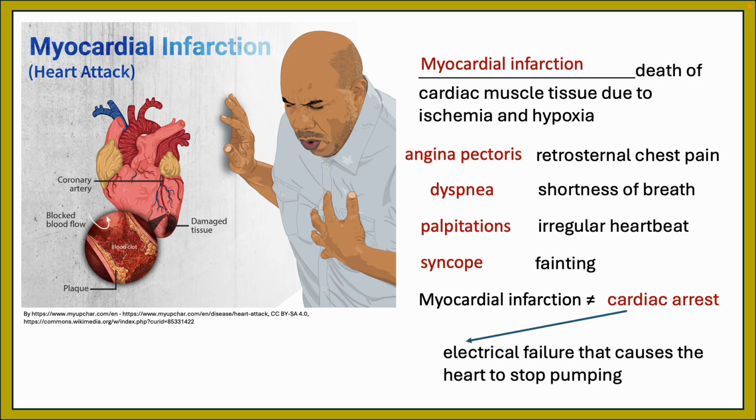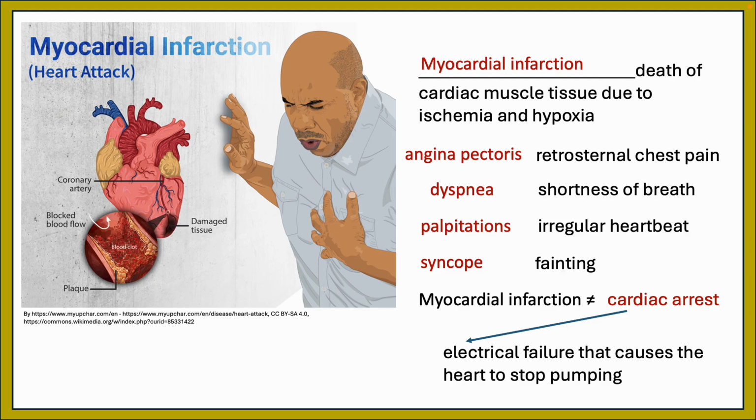The immediate treatment for myocardial infarction includes supplemental oxygen to help provide oxygen to the tissues that are dying, aspirin, which will help reduce the clot formation, and then nitroglycerin, which is given sublingually or under the tongue, which will result in vasodilation via the nitric oxide it produces.